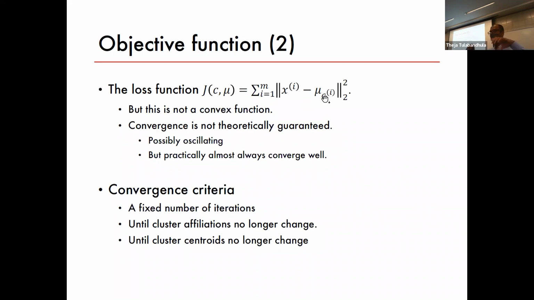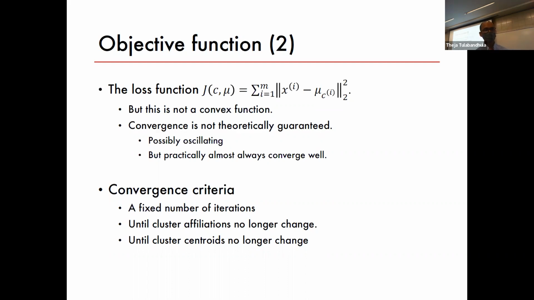A convex function is also defined by what is called a convex set. I think we saw the notion of a convex hull when we were looking at ROC curves. A convex set is nothing but a set where if you take two points and draw a line between them, the line doesn't go outside the set. So a convex function is a function whose level sets are convex. If you chop the function and look at it from the top, the sets look convex.